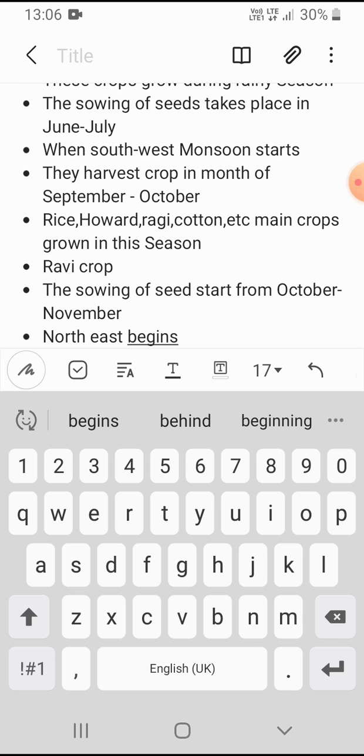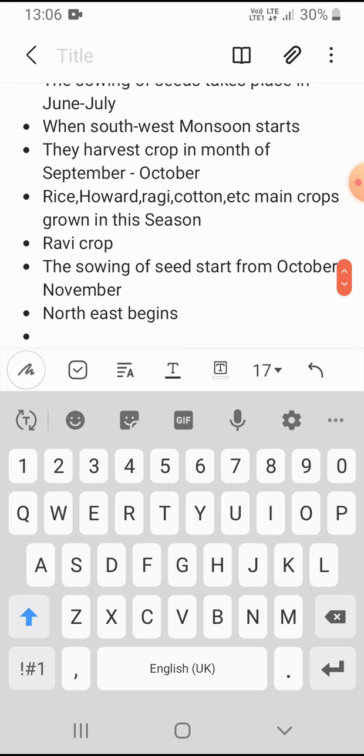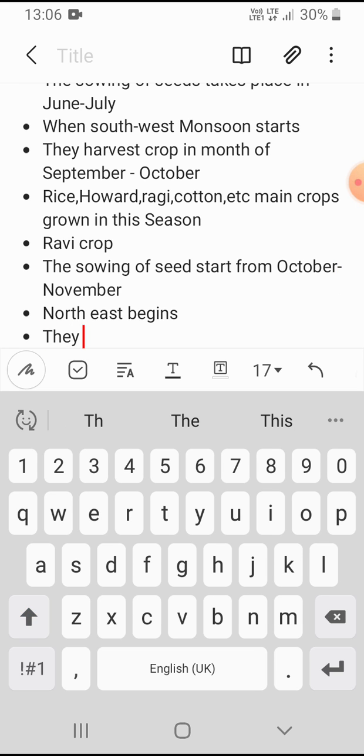So in that period they sow the crops in October and November, and they harvest in February and March. They may ask you to differentiate between Kharif crop and Rabi crop.